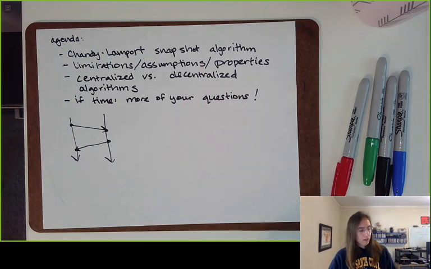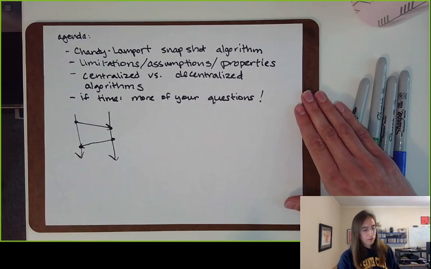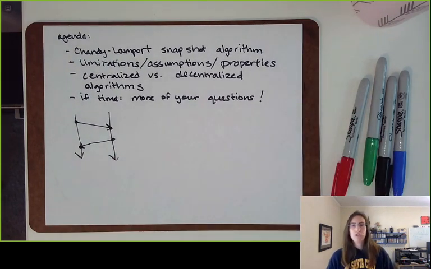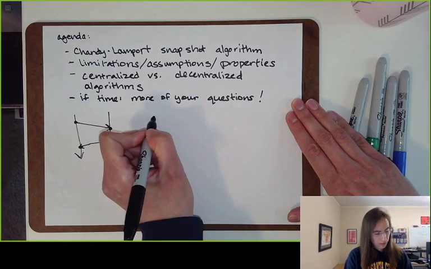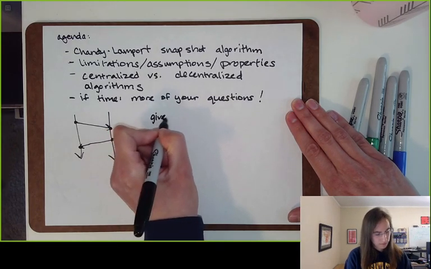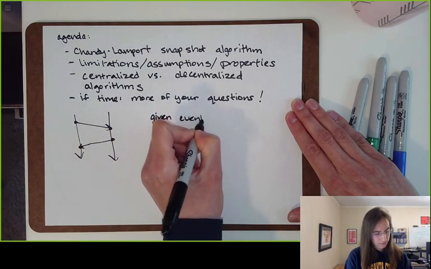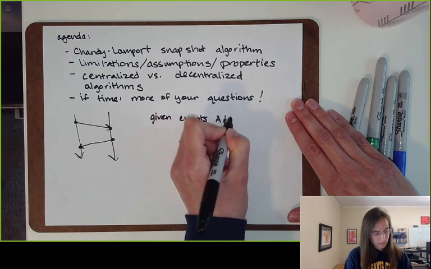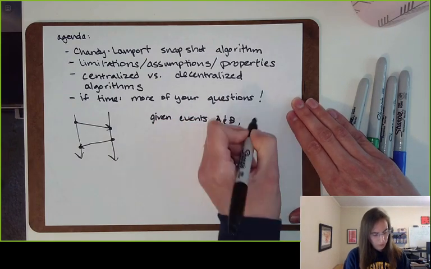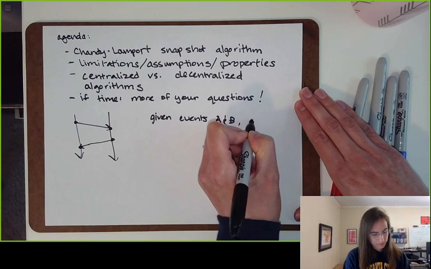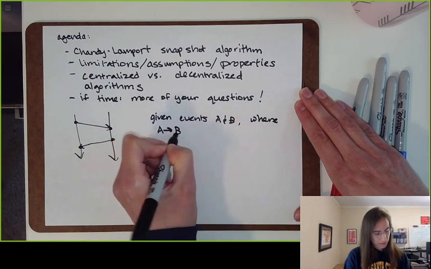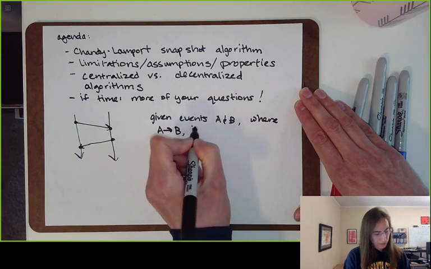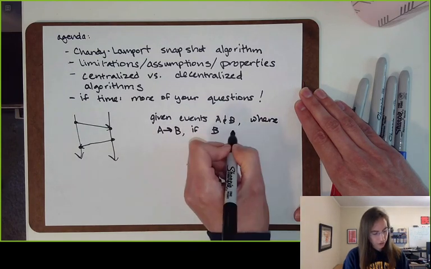And we talked about what kind of properties you want to be true of that picture that you would record. Well, one thing that you want is if you have two events A and B, where A happens before B, if B is in the snapshot, then A should be also.